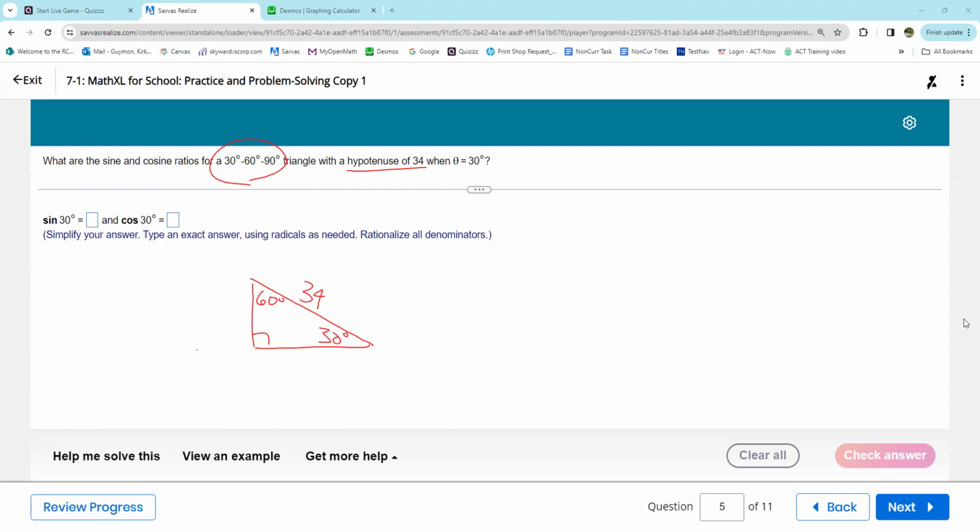So if you remember when we've talked about the special triangles, the 30, 60, 90, if you added the other 30, 60, 90 on here, that would mean that all the sides were equal, it was equilateral. So the hypotenuse of 34 here would be on every side.